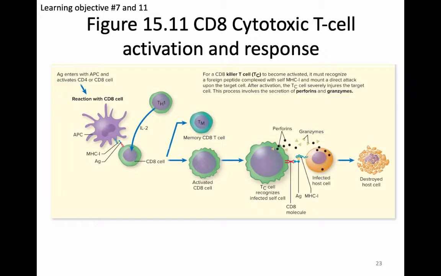The way that's organized is the cytotoxic T cell will produce molecules called perforins and granzymes, and those will cause the infected host cell to undergo cell suicide, also called apoptosis, and be destroyed. The reason the cytotoxic T cell causes a human host cell to be destroyed is that it's the only way to kill the endogenous antigen that is inside it.